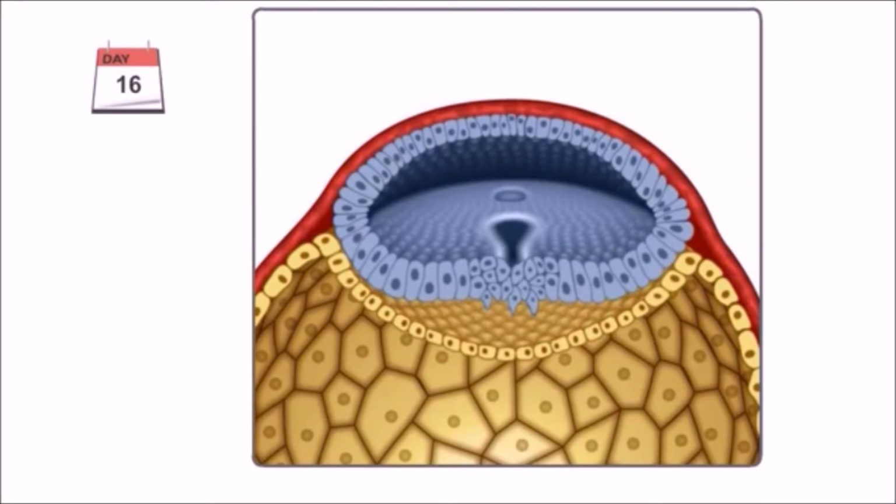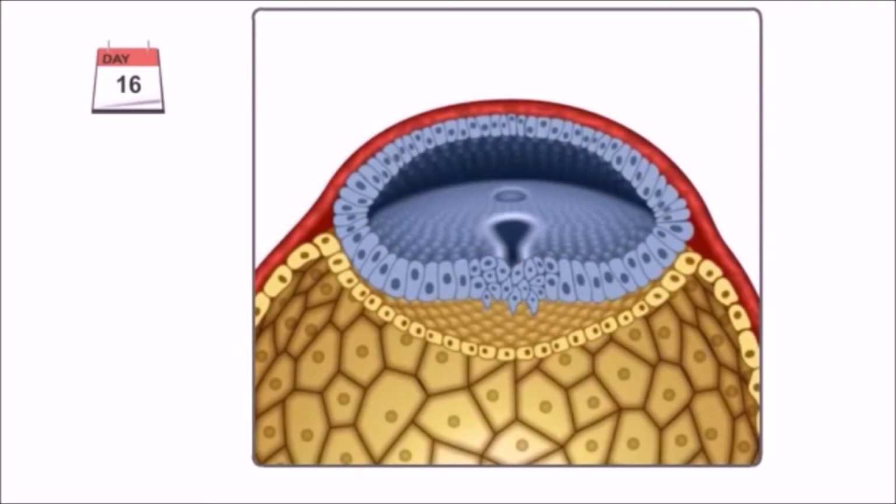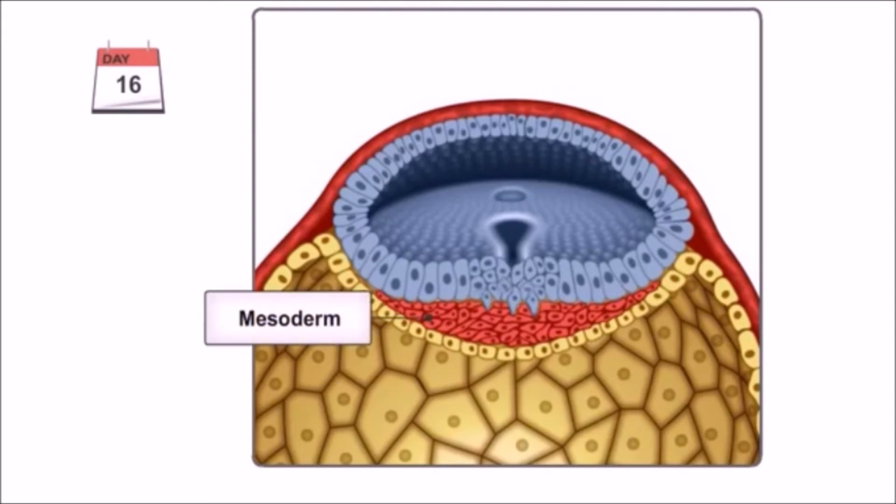The remaining cells of the epiblast are now referred to as the ectoderm and form the most exterior distal layer. Some of the invaginated epiblast cells remain in the space between the ectoderm and the newly formed definitive endoderm. These cells form a germ layer known as the mesoderm.